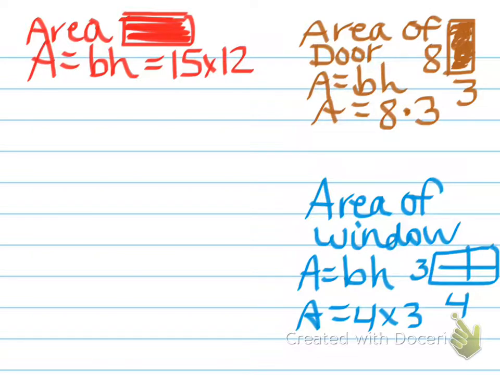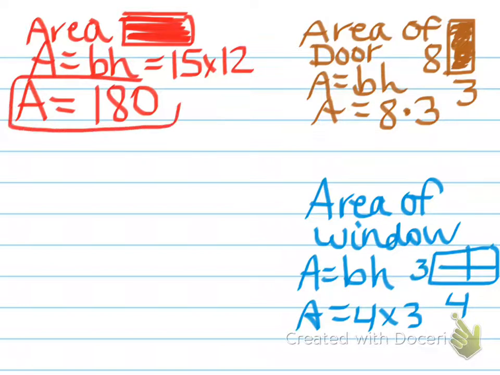What's written in red? We have the area of the whole entire wall. Area equals base times height for the rectangle, which is 15 times 12. If you take time to work that out, 15 times 12 gives you an area of 180 for the whole.